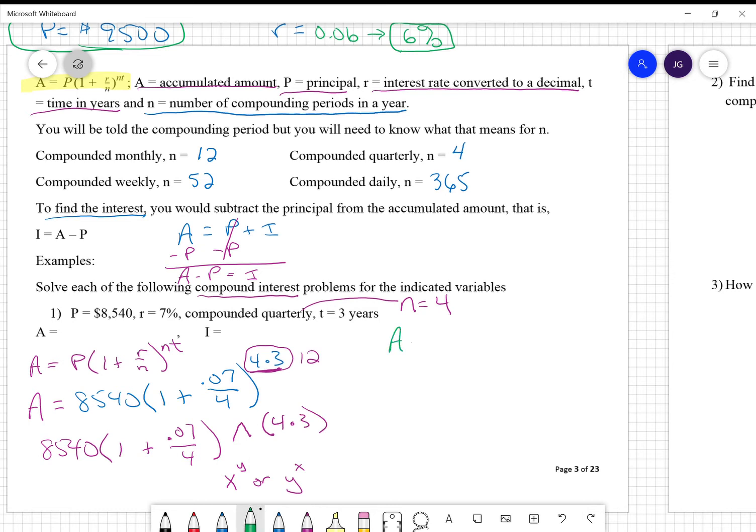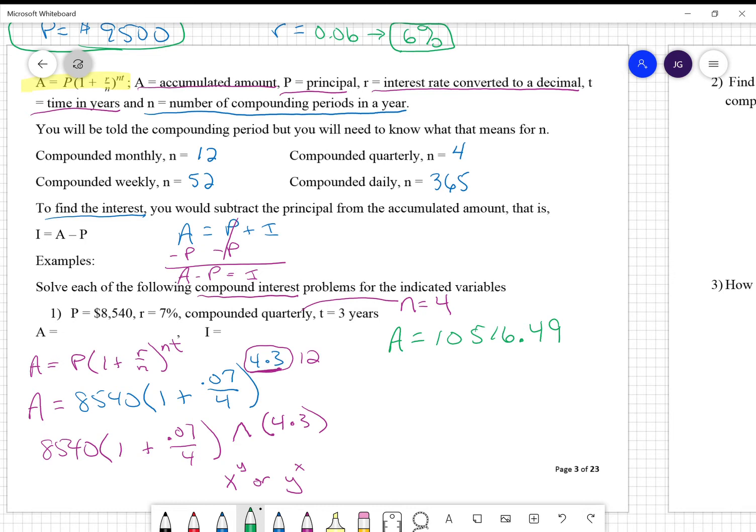All right, so when I put that in my calculator, I get A equals $10,516.49. It was 0.491.